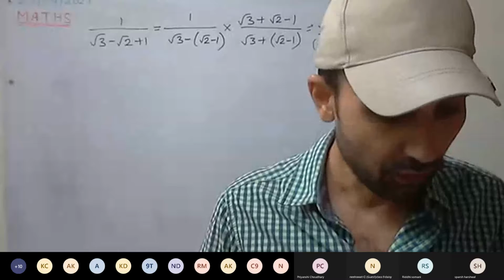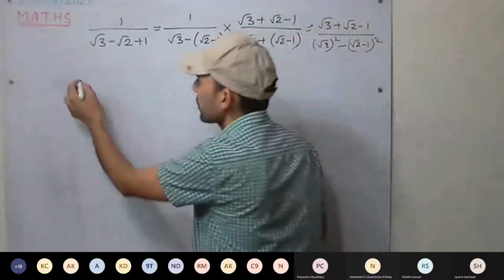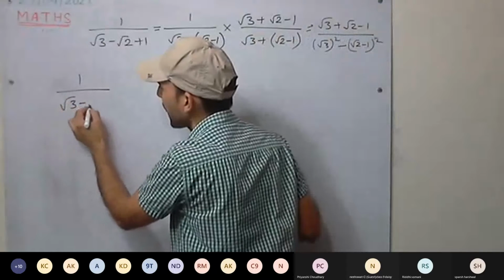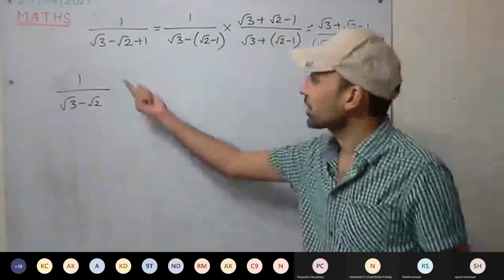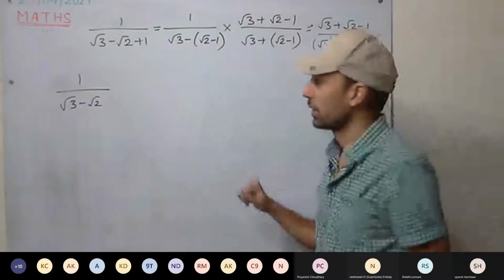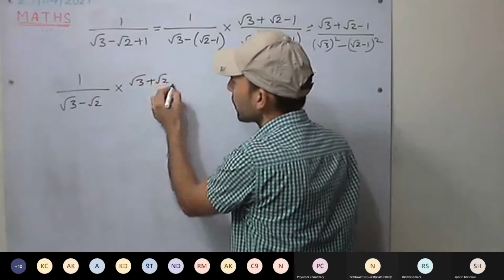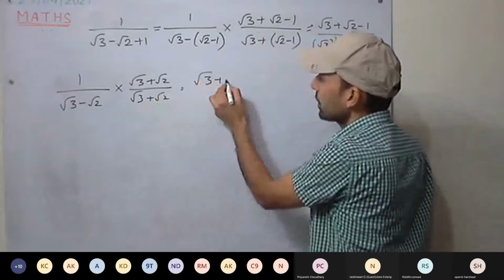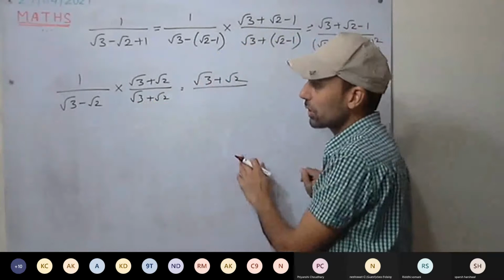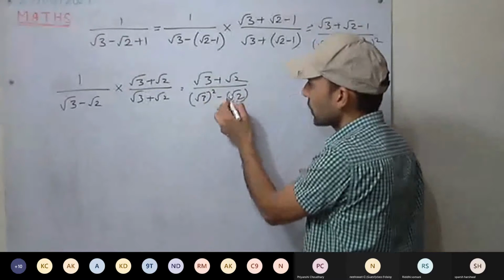Find the value of each of the following, correct up to 1 decimal place. Okay, first one, 1 upon root 3 minus root 2. This we have to solve. So we will rationalize the denominator first. How to rationalize the denominator? Multiply by root 3 plus root 2, divided by root 3 square minus root 2 square.